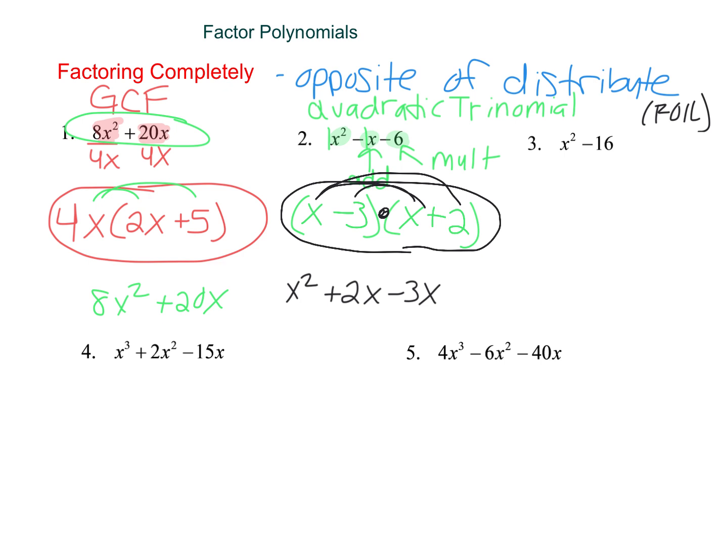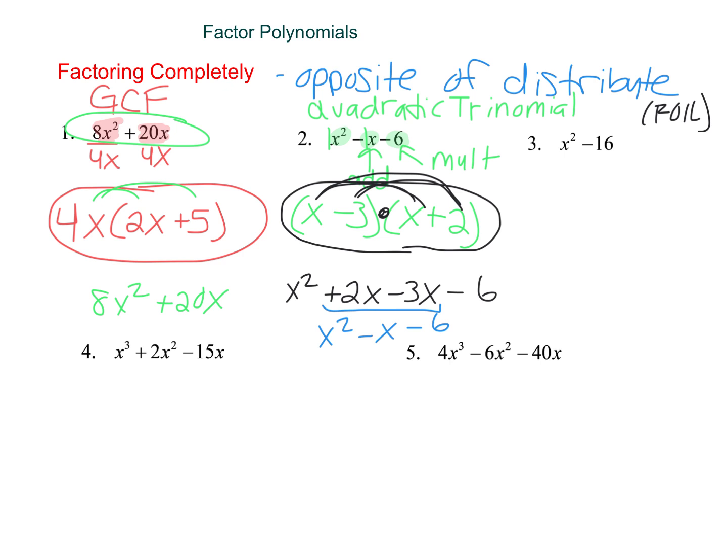And the L in FOIL stands for last times last. So -3 times 2 gives me -6. Then when I combine like terms, these two middle terms add to equal -1. So that is why we look for numbers that add to the middle and multiply to the third.